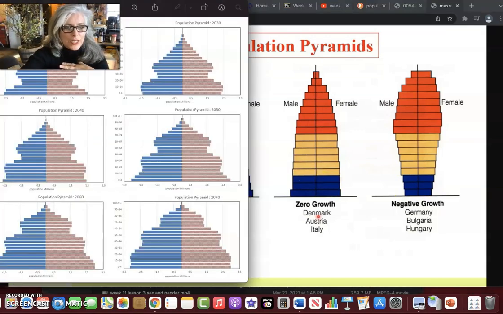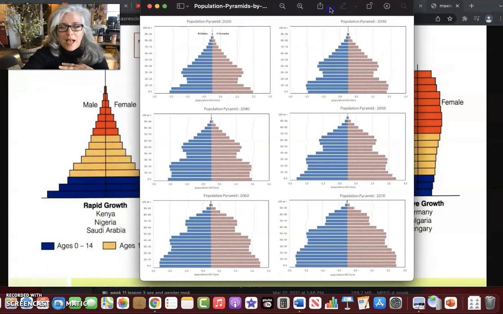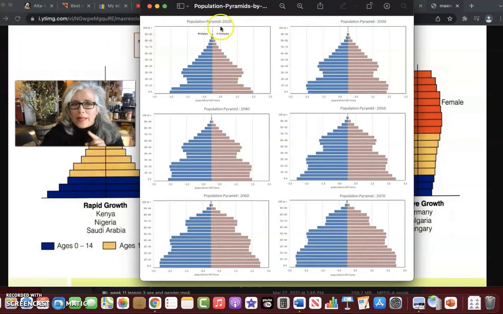Okay, so this last picture that I want to show you, let me move it over here. This last group of population pyramids is world population projections. So in 2020, you can see that if this is the world population projection, this many females compared to this many males, you can see the millions of people down here, hundreds of millions of people down here, and the age groups, of course, the same category of age from 0 to 4, 5 to 9, 10 to 14.